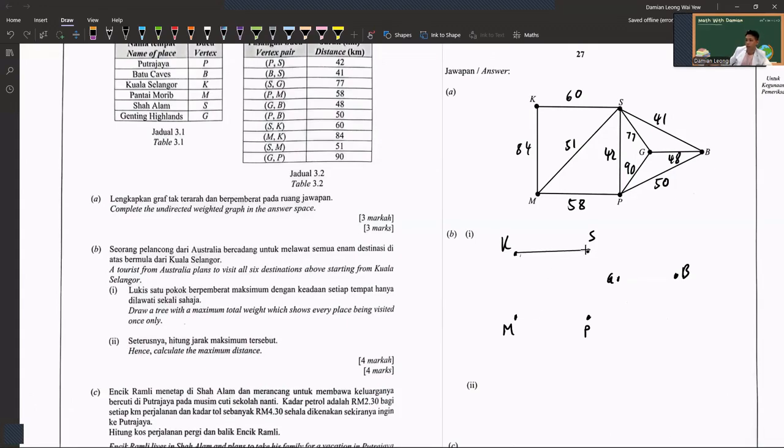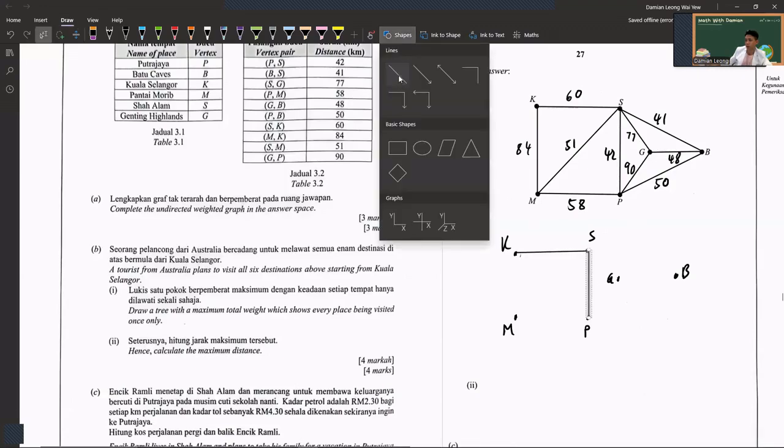So usually I will try to start with all the lowest weightage points.